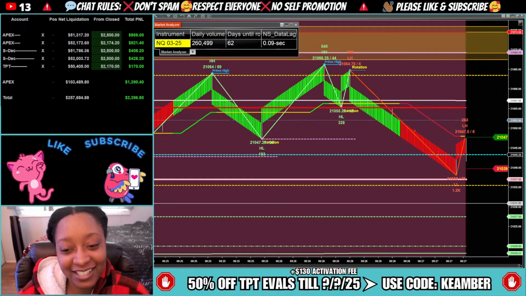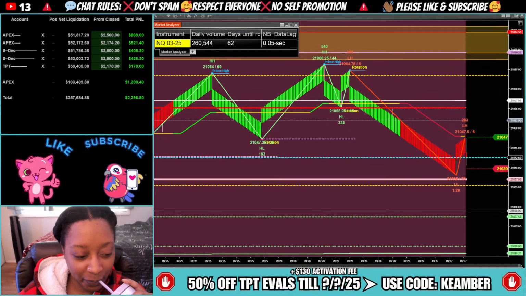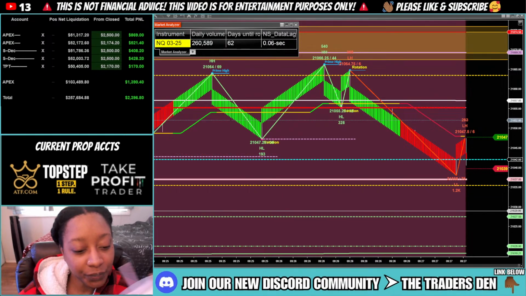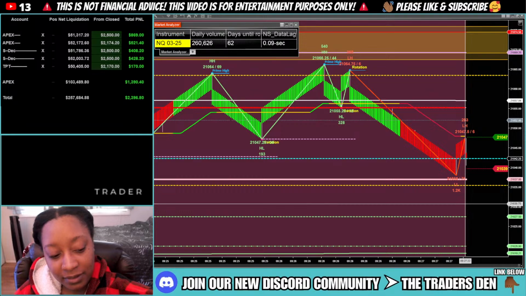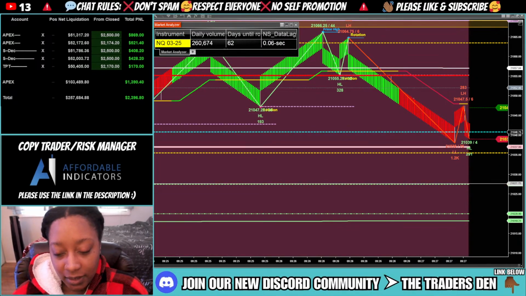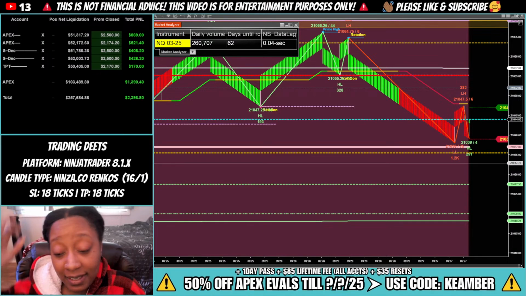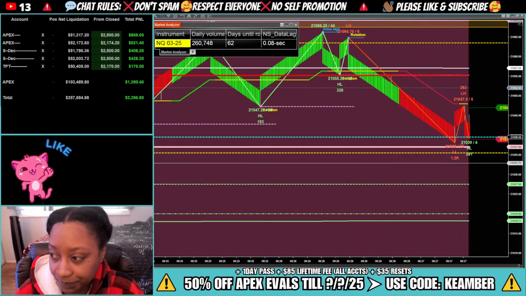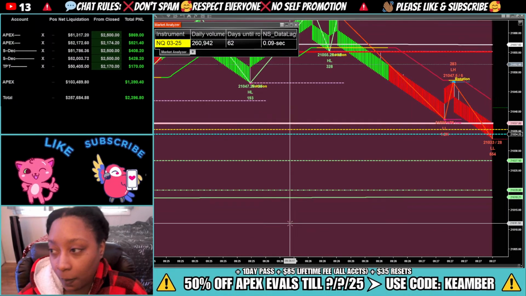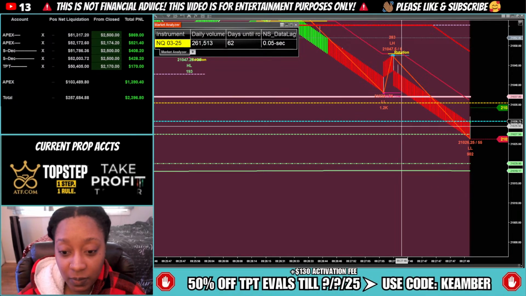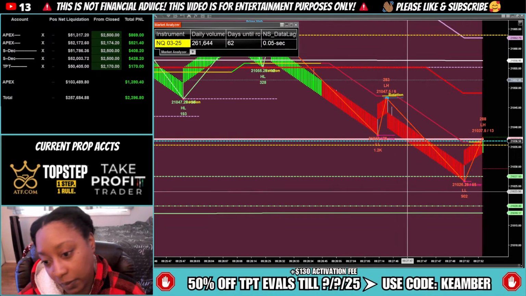I said rejection. Come on, market. We have to break the yellow line down there for my middle half trend to change back to a downtrend. It changed to an uptrend somewhere up there. All right, there we go. We got the breakout, but we're pulling back to it.